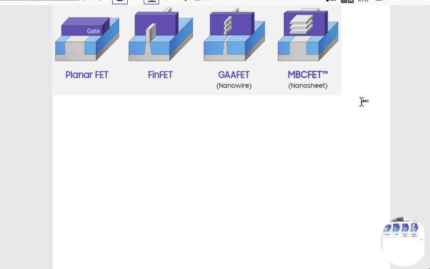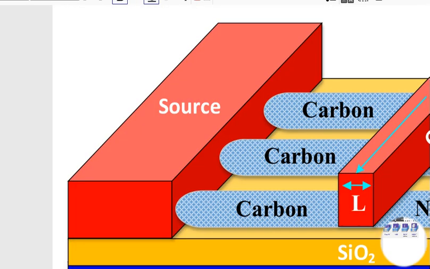Okay, let us see. And this is your carbon nanotube. This is source, drain, gate, and here the tubes are there. Nanotubes. So this is also one more structure under the different types.